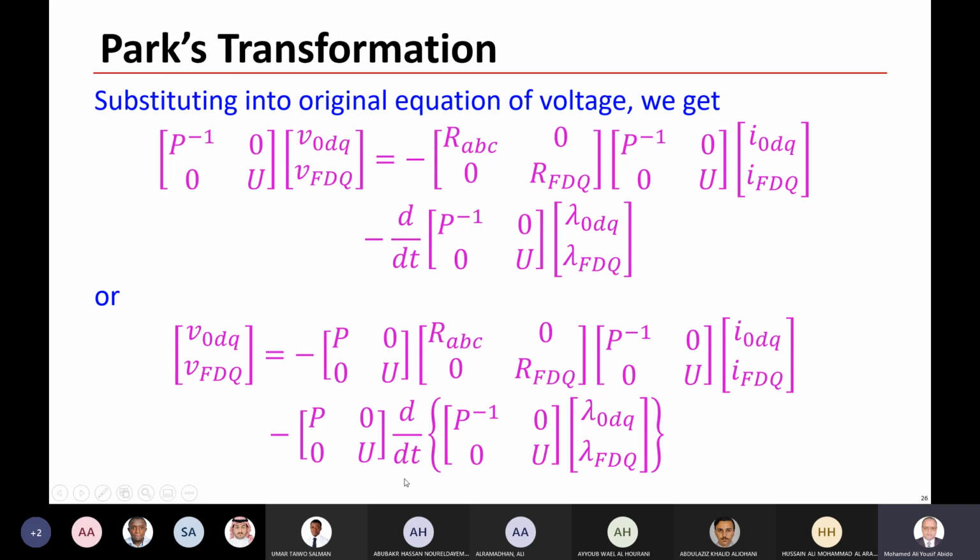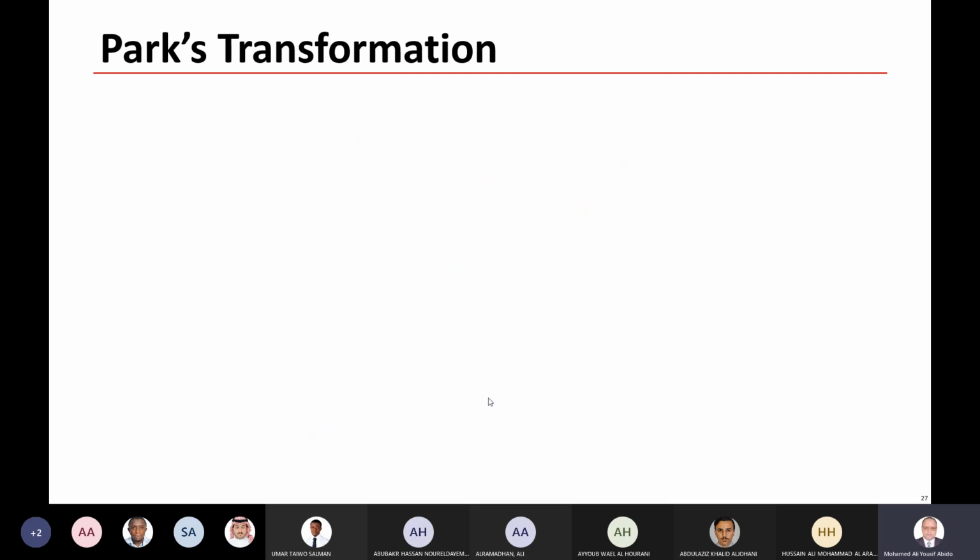So this is d by dt of B inverse plus B inverse times this vector, and B inverse multiplied by d by dt of this vector. So you distribute the derivative over these two quantities here.